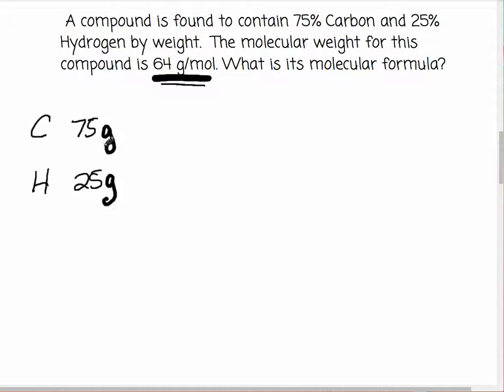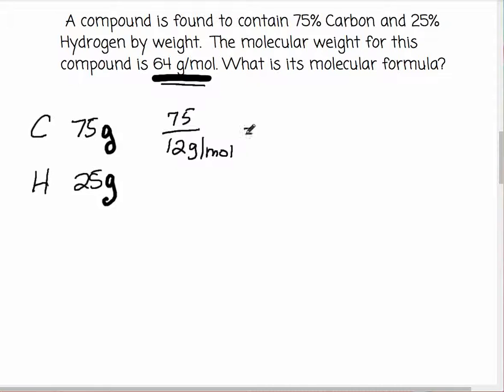We change 75% to 75 grams because 75% of 100 grams is 75 grams, and 25% of 100 grams is 25 grams. So now we have grams. Step two said we're going to take the grams and divide by the atomic mass of carbon, and that's 12 grams per mole.